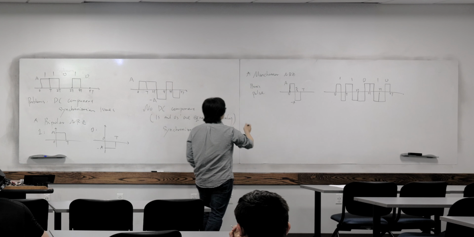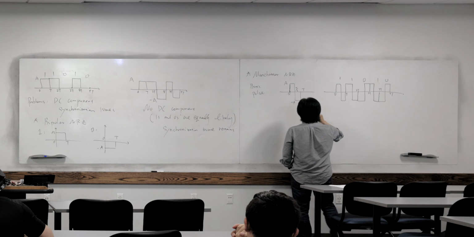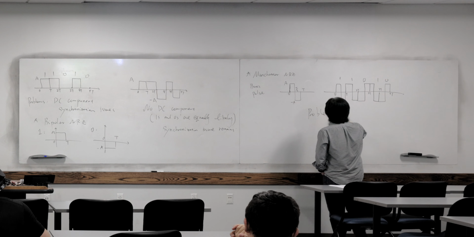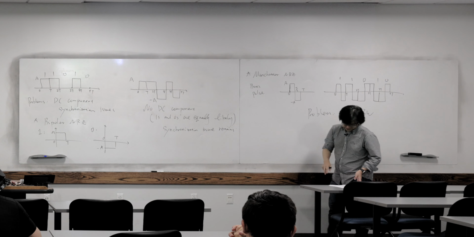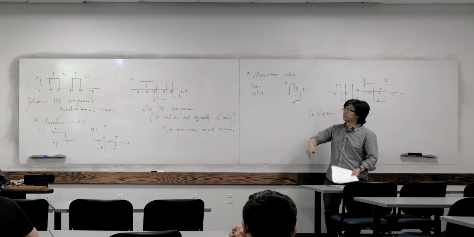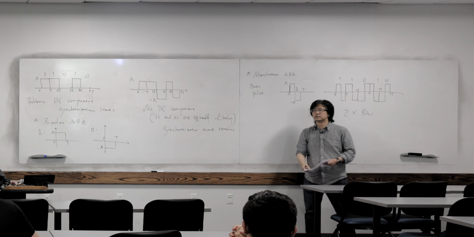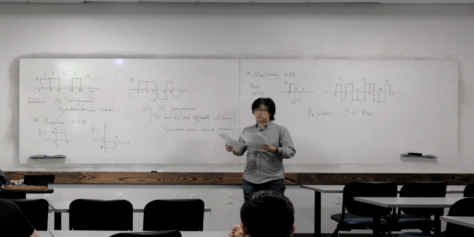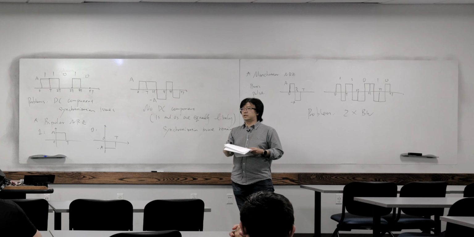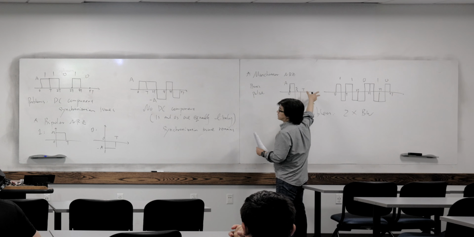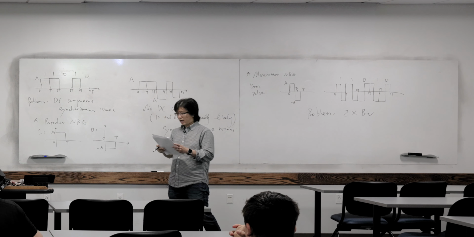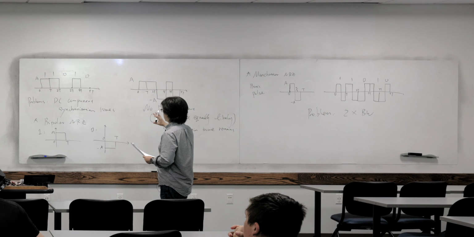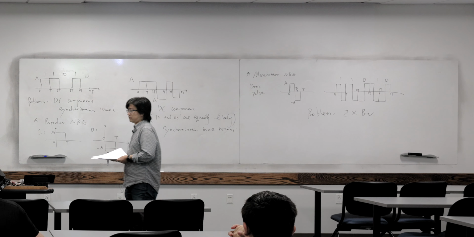The problem is that we need 2 times the bandwidth compared to the other 2. That is not very good. Or if we don't change the bandwidth, we have to make this guy wider, which means half the bit rate, which is not as efficient as those.